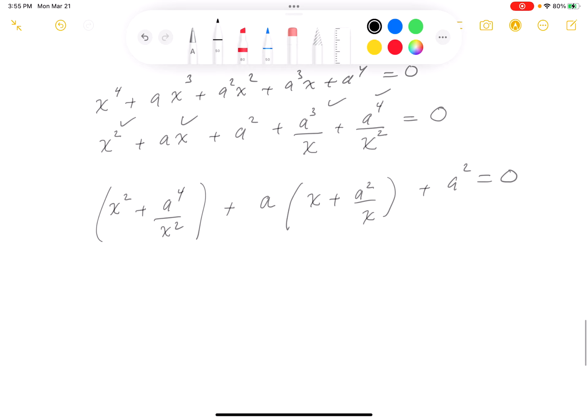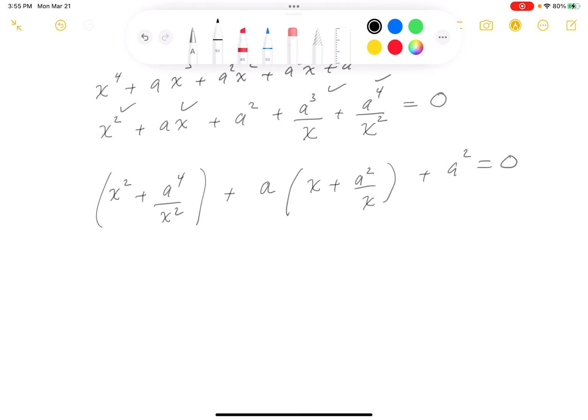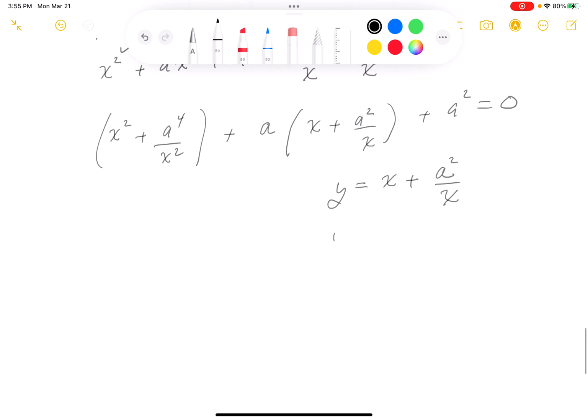Well, let's keep moving, and I'm going to do something I've done in the past. I'm going to say y is equal to x plus a^2 over x. It's more difficult, though, because it's a parameter. I'm going to square both sides.